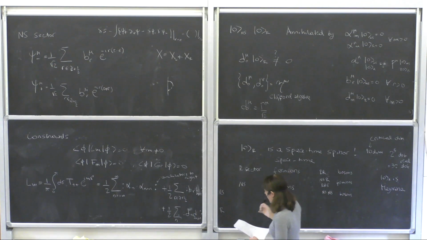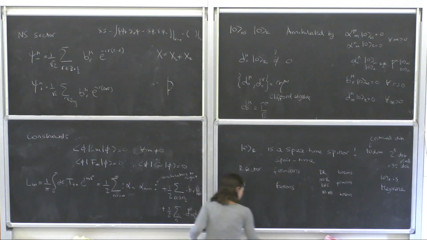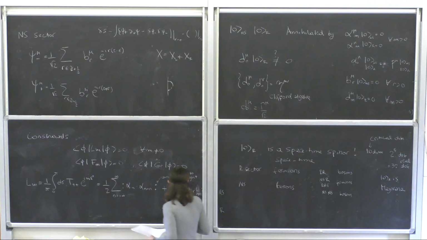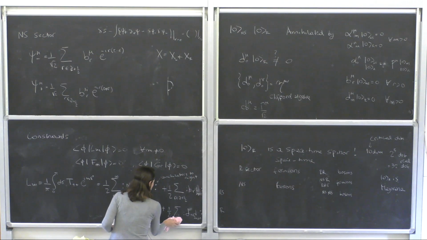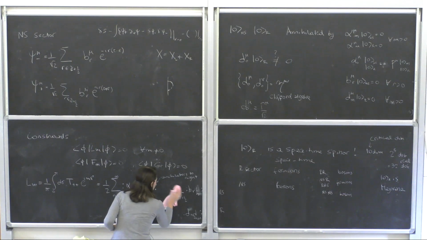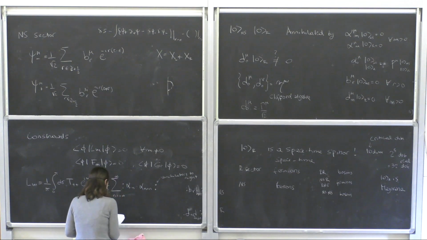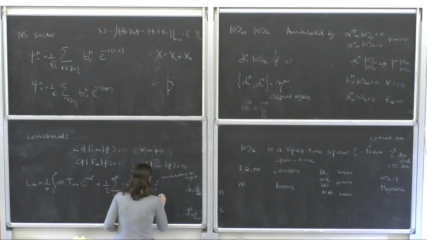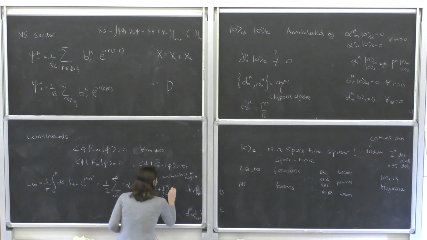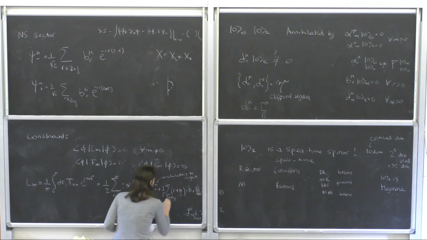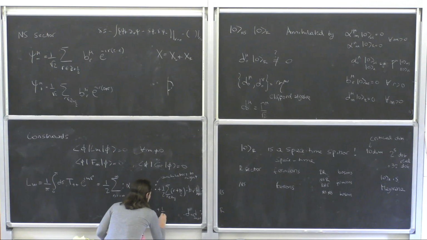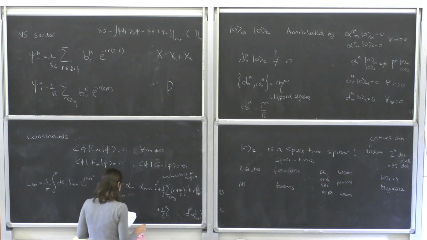No, sorry, I'm forgetting very important factors. Well, this is not correct. So plus 1/2 of the sum over r of r plus m over 2. Yeah, otherwise you don't get the same. Oh, very important, sorry about that.